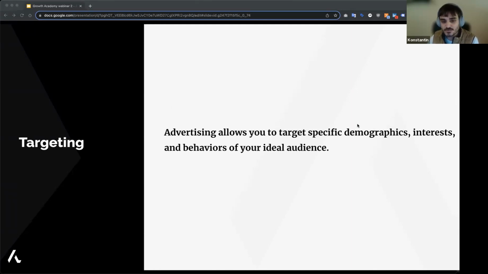So you have your measurement, you have your tracking, and you can start narrowing down your target audience, and then your targeting efforts become more and more accurate. So having the data that the platforms you use for advertising have, plus your data on your website combined, then you can create really powerful lead generation targeting and campaigns.